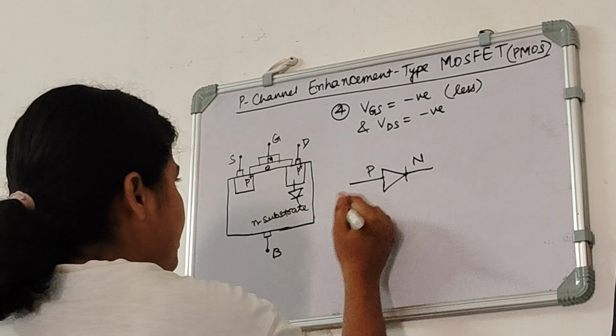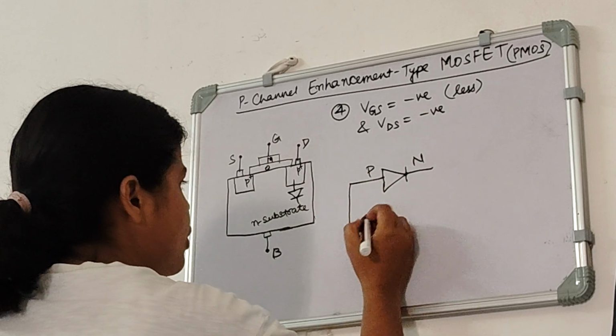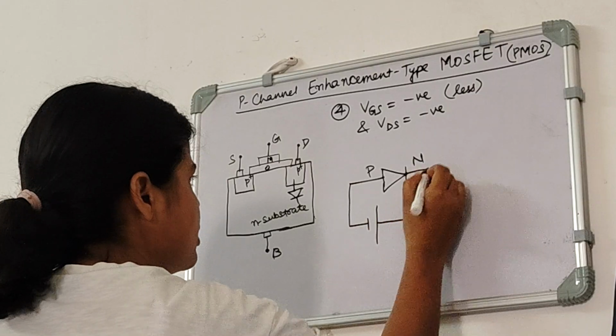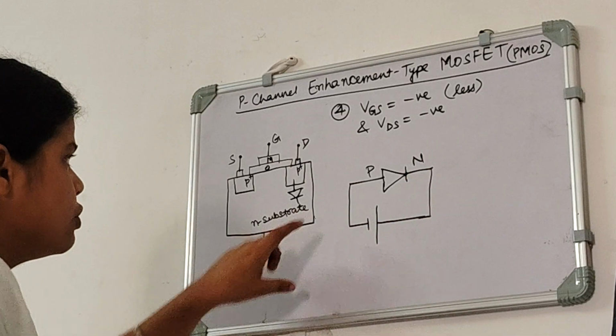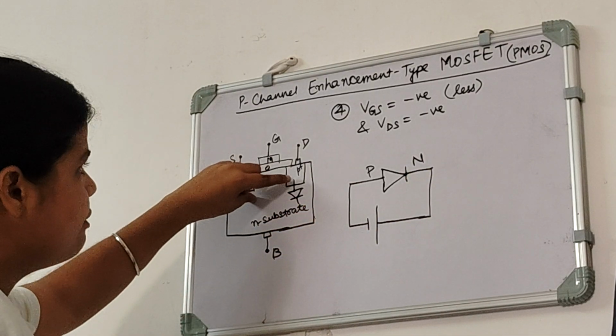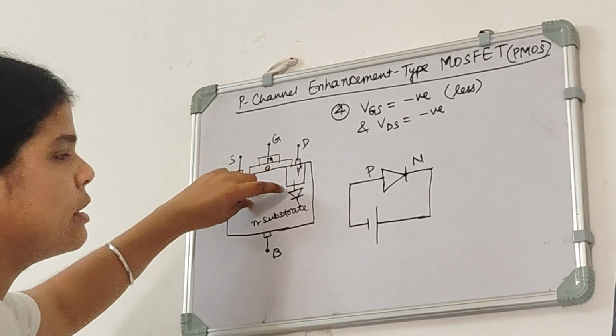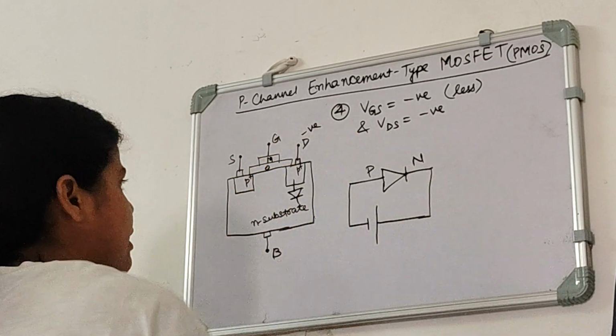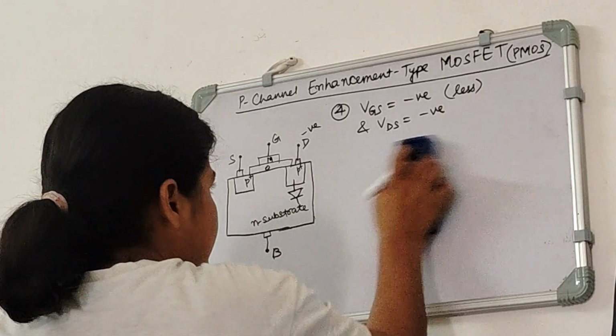For this diode to be reverse biased, we know that we have to connect the P side with the negative terminal and the N side with the positive terminal. So we have to connect this P side with the negative terminal for reverse bias, so we need a negative terminal at the drain. Why do we need this reverse bias?